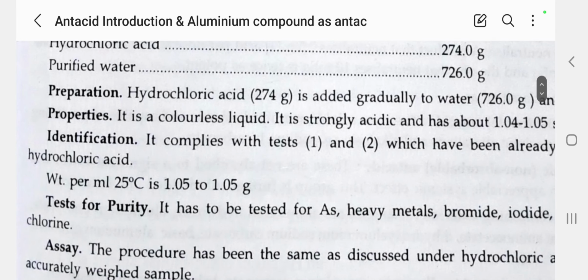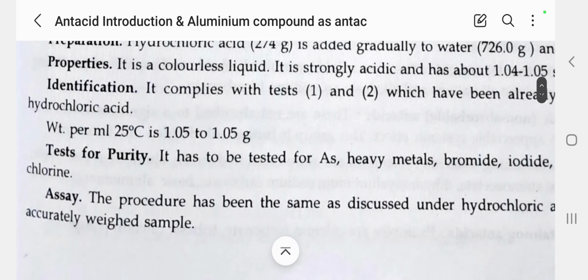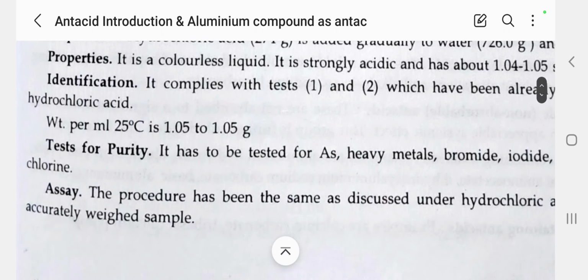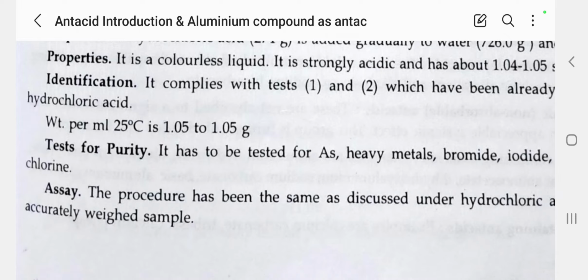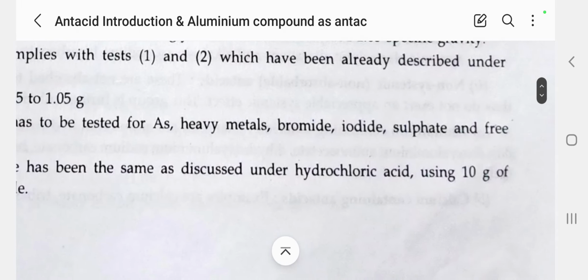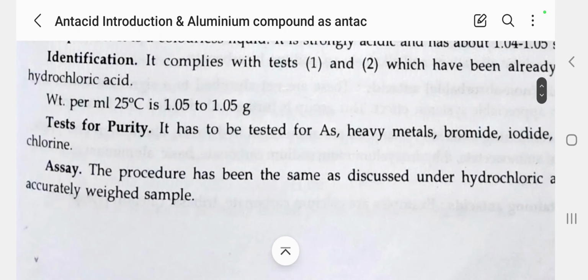The weight per ml at 25 degrees Celsius is 1.05 gram. Test for purity: here we may carry out tests for arsenic, chloride, acid consuming capacity, metals, heavy metals, sulfate, free chlorine, etc.